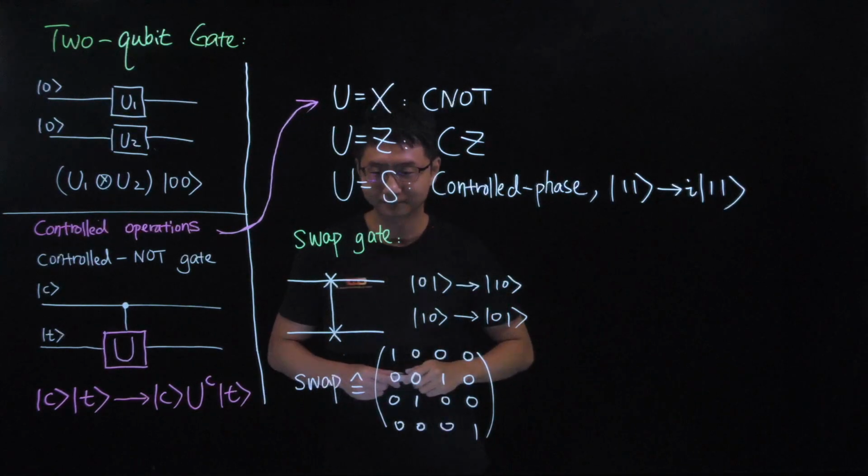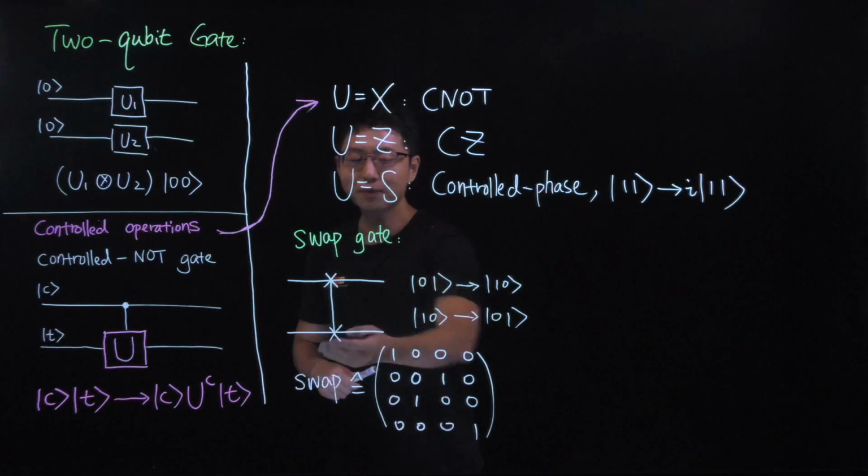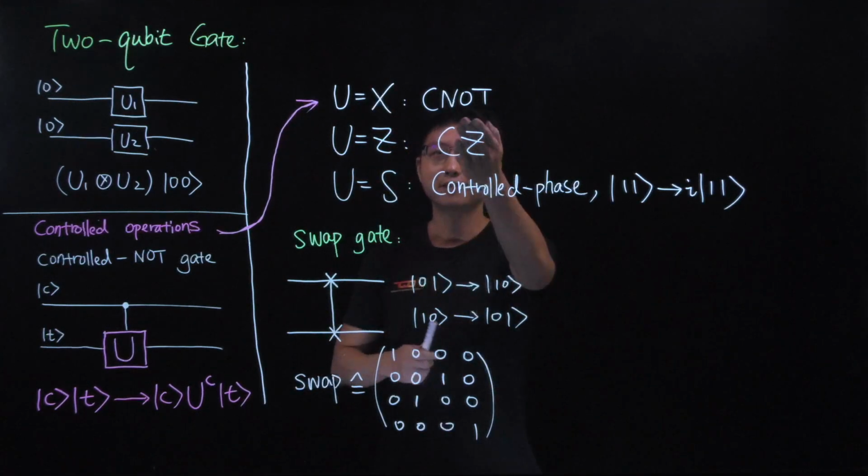In fact, the swap gate can also be composed from the CNOT gate.